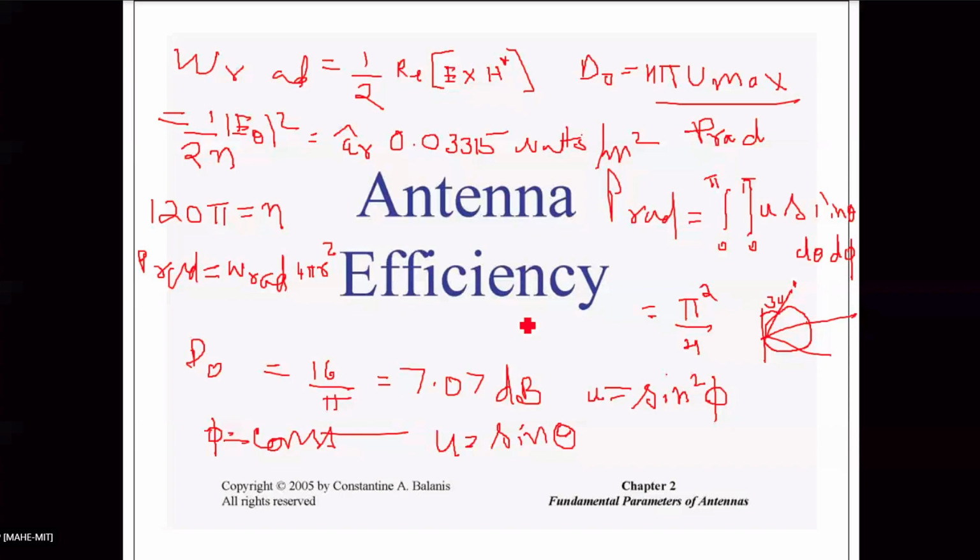Okay, can I give one more problem? Yes, sir. Okay, take down this problem.